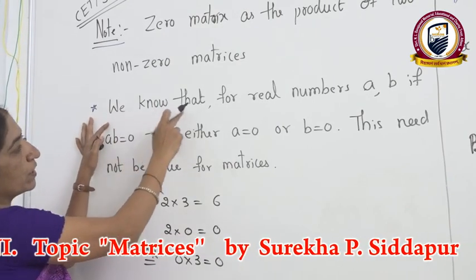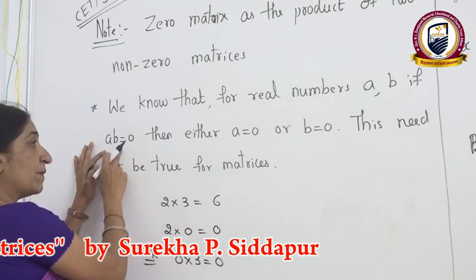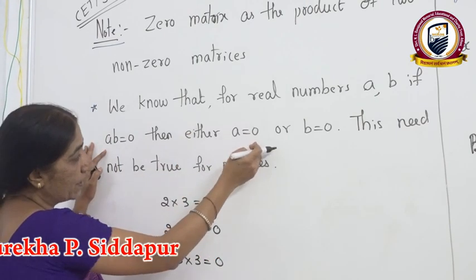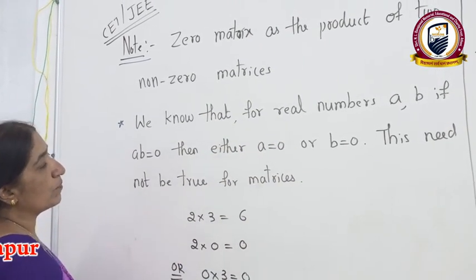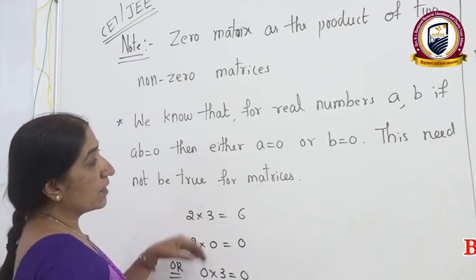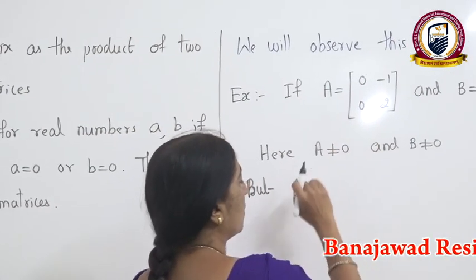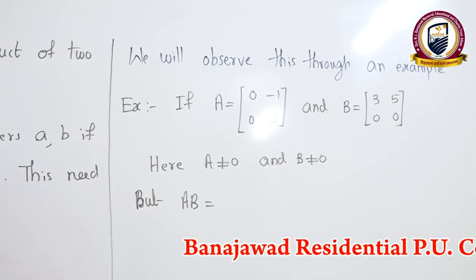We know that for real numbers A and B, if the product AB is 0, then either A is 0 or B is 0. But the same is not possible in matrices. That means it is not necessary that a matrix must be a 0 matrix for you to get the answer as 0.